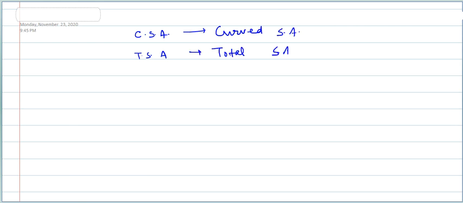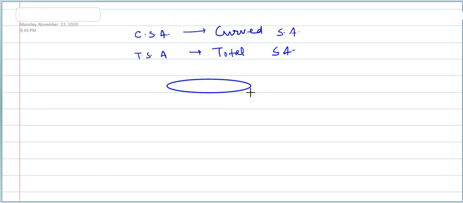There are 2 types of areas in case of a cylinder. One is called CSA, another is TSA. CSA means it is just curved surface area, and TSA means just total surface area. So what is the meaning of this?